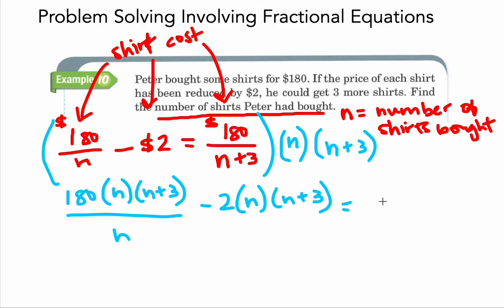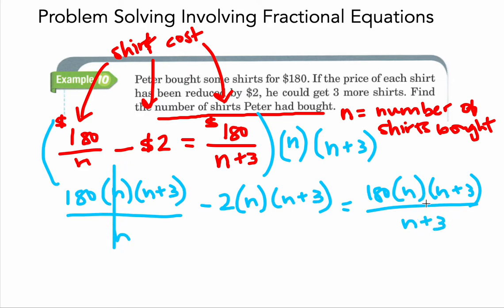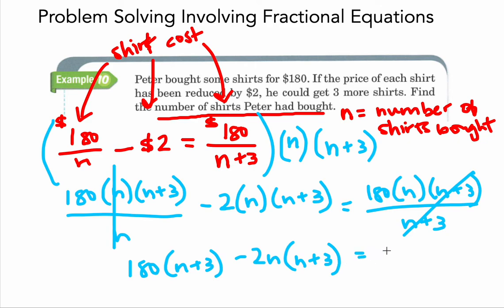Equals this last term, 180 times n plus 3 over n plus 3. And some stuff is going to cancel out, which is what we want. So at the end, we get 180 times n plus 3, minus 2n times n plus 3, equals 180n. Okay, so just like that, I got rid of my denominators.